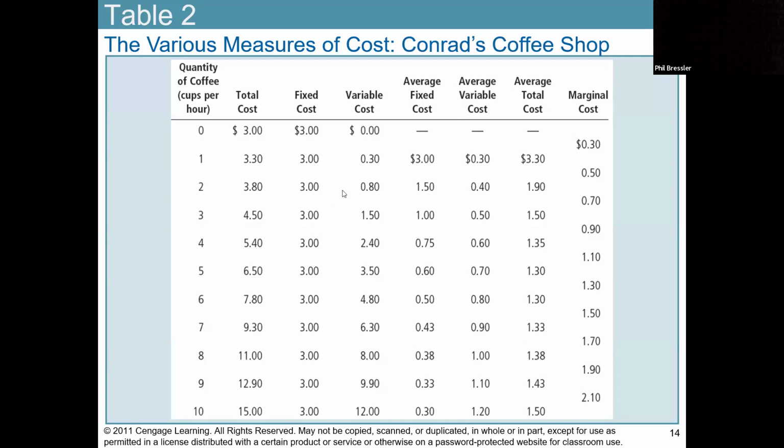I mean, that would be 30 cents. And for 2 cups, it would be 80 cents.